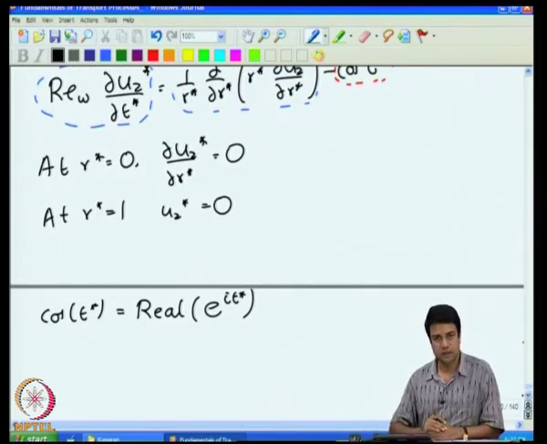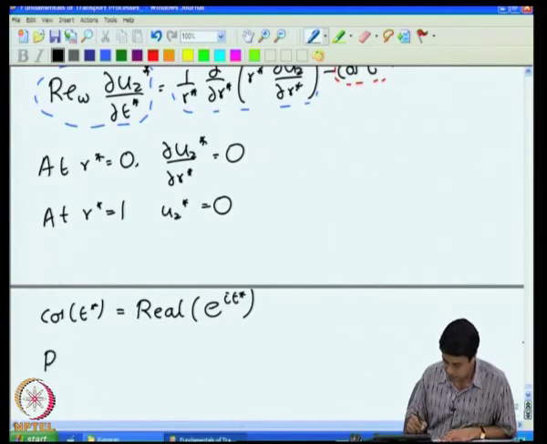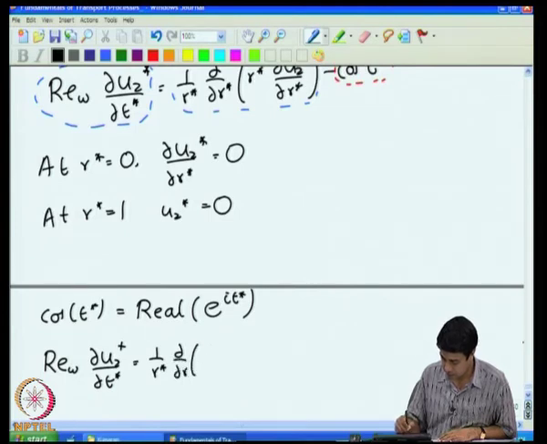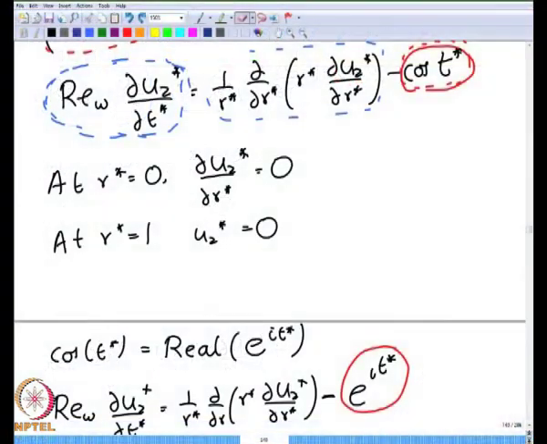Therefore, I can solve an equation for a complex velocity field, defined by this equation: Re_omega du_z plus by dt star is equal to 1 by r d by dr of r star du_z plus by dr star, minus e power i t star. Note that cos t star here is the real part of this inhomogeneous driving term.